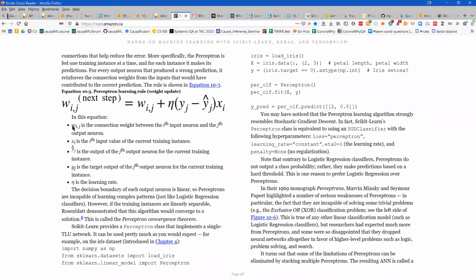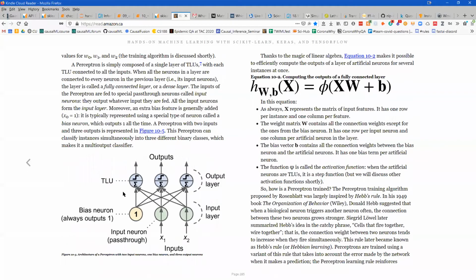So again, to review the terms, Wij is the connection. I refers to the training instance, and J refers to the output of the Jth neuron for that training instance. So just think that I is associated with the training instance, and J is associated with the neuron index. Here are training instances 0, 1, and 2.